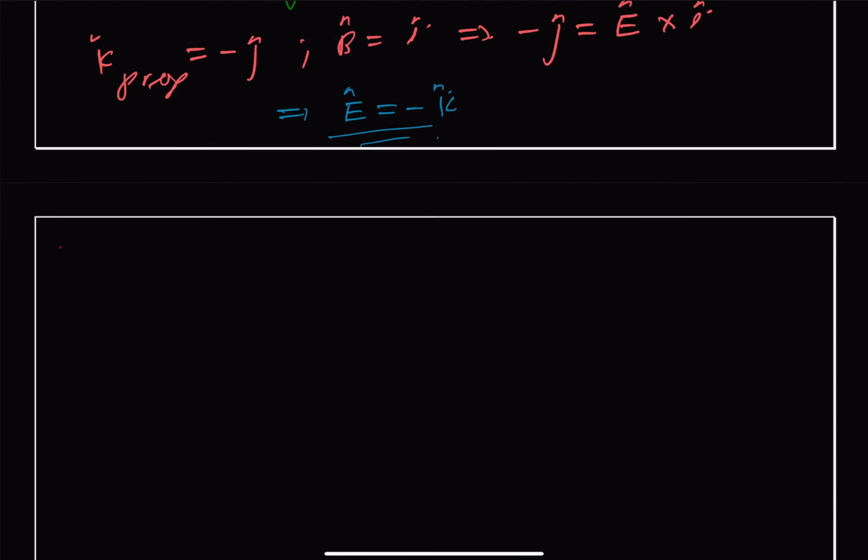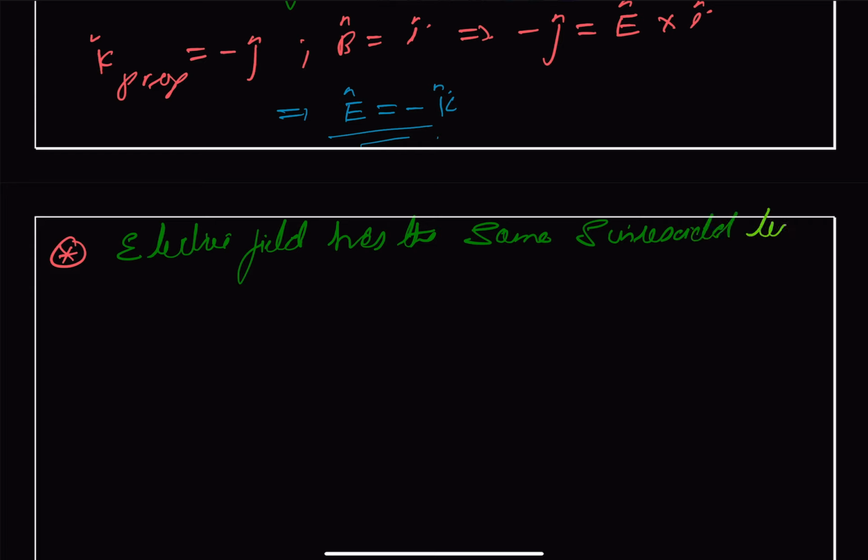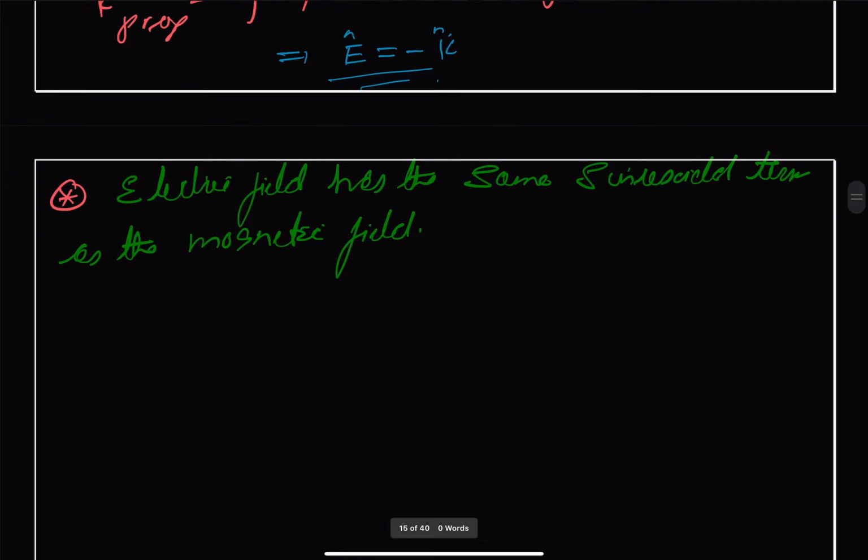So we already found out our magnitude as well as direction. Therefore, we can write our equation, and we know that the electric field has the same sinusoidal term as the magnetic field.